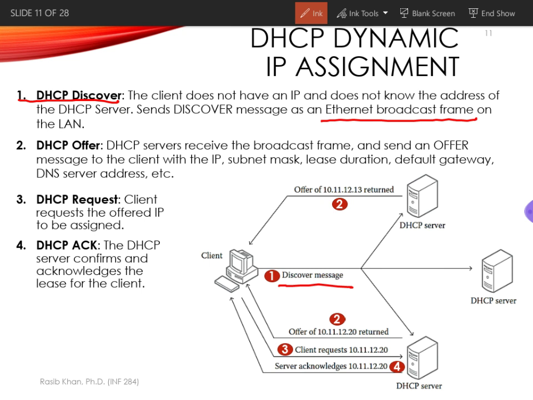If you remember, an Ethernet broadcast frame is all ones, or FF, for a total of 48 bits, and the LAN broadcasts the DHCP discover message to all possible DHCP servers or all devices present on the particular LAN.